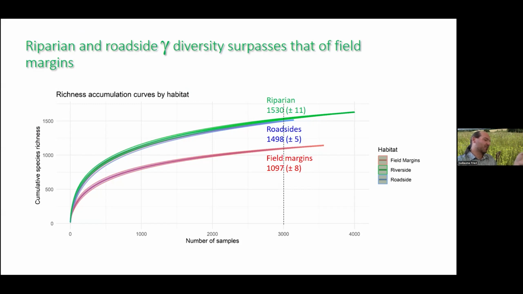If you take a resampling of 3,000 records, you can see that for riparian and roadside, you have about 1,500 species and only 1,100 species for field margins. So this means that probably they are more constrained in field margins. Not all species are able to cope with the conditions and filtering in these habitats.